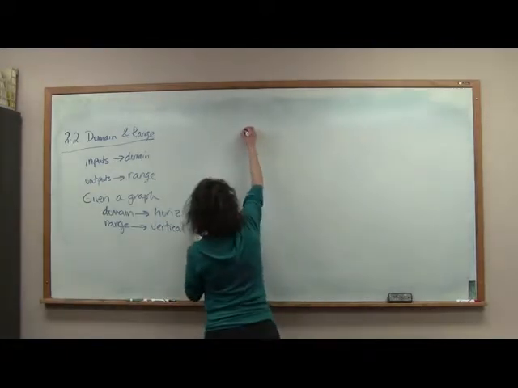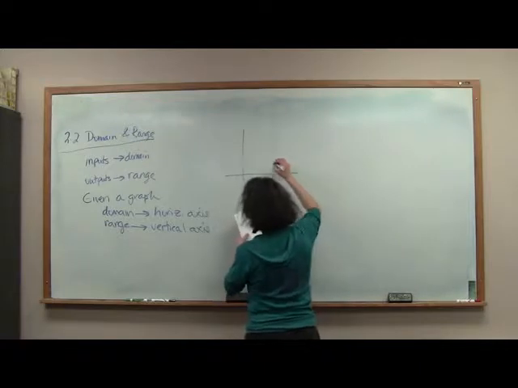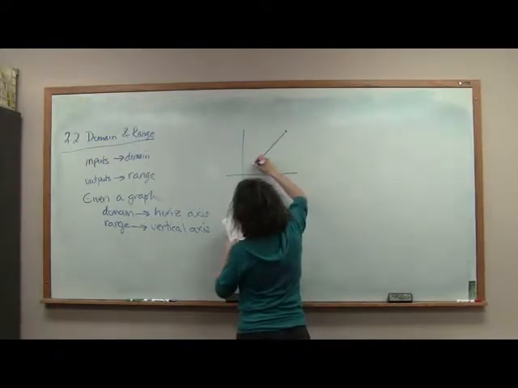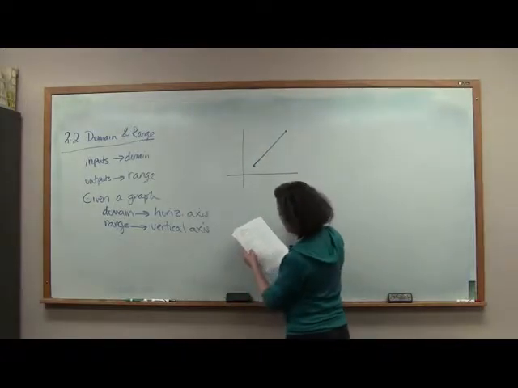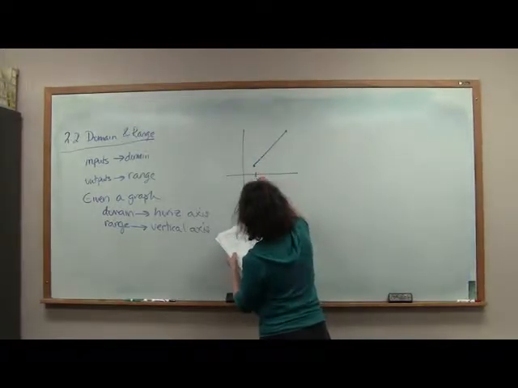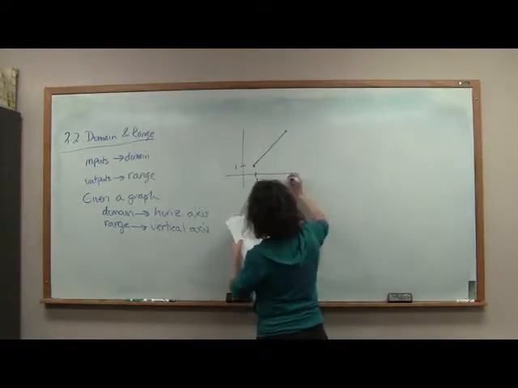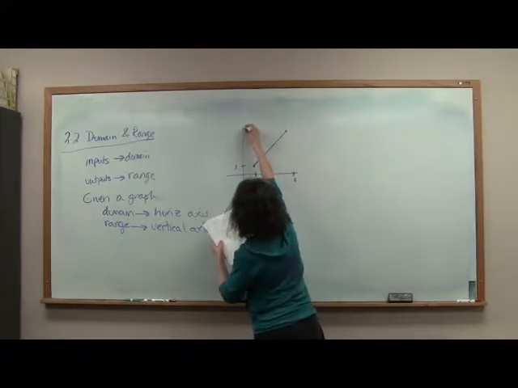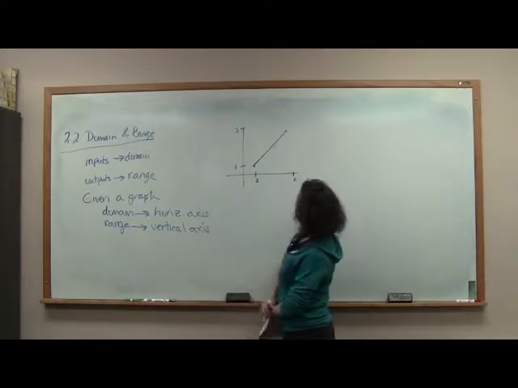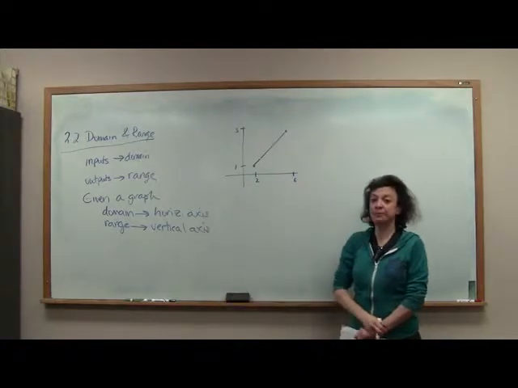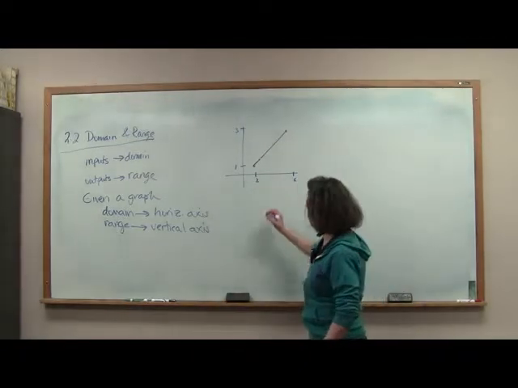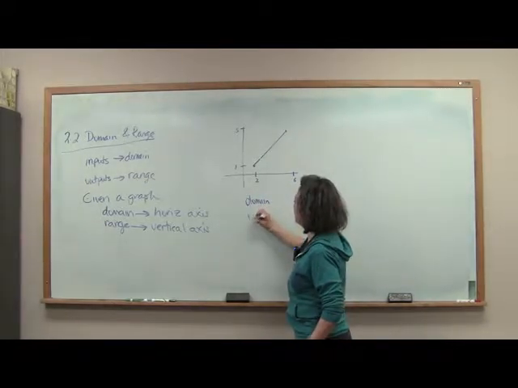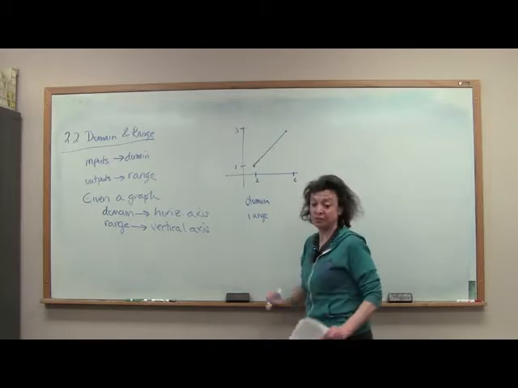In this first example, we're going to assume that the entire graph is shown. So this is 2, that's 1, this is 6, and that's 3. What I want us to do is provide the domain as well as the range.